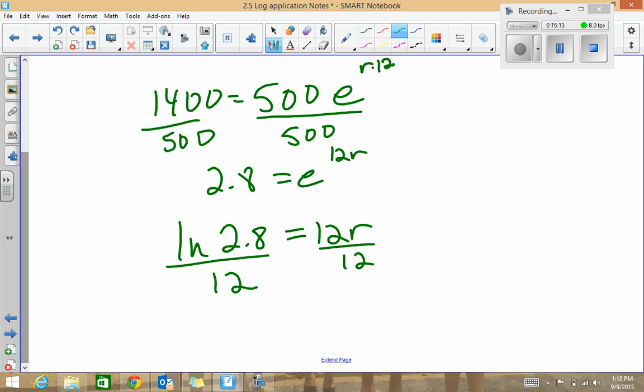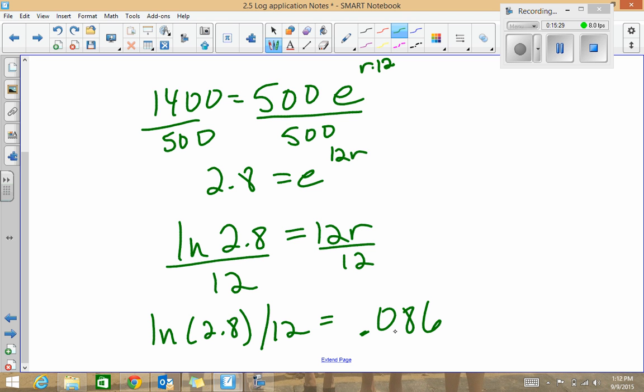Don't include that 12 yet. So ln of 2.8 divided by 12. And we get 0.086, we'll say. So if we change it to a percent, it's 8.6%.